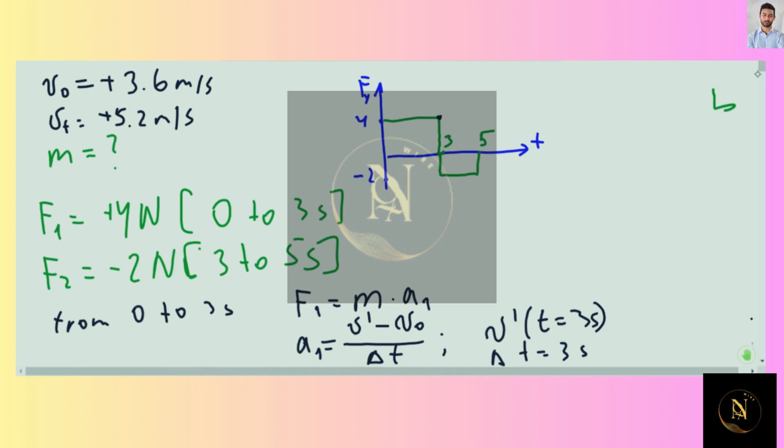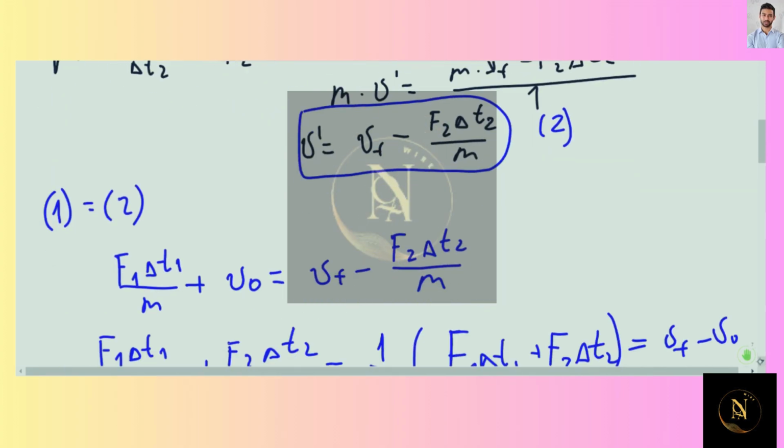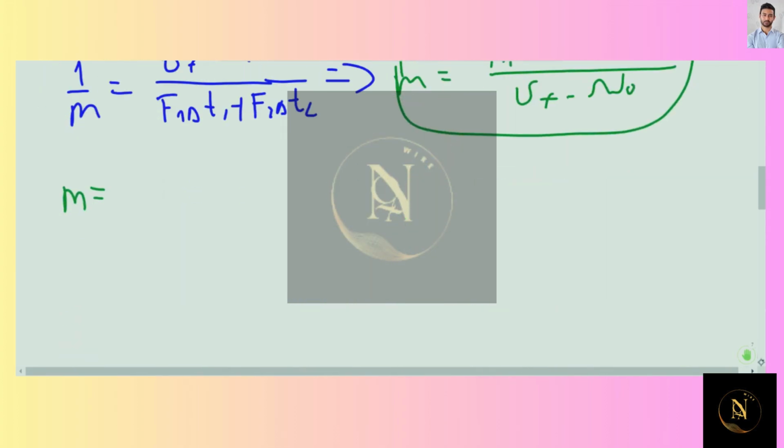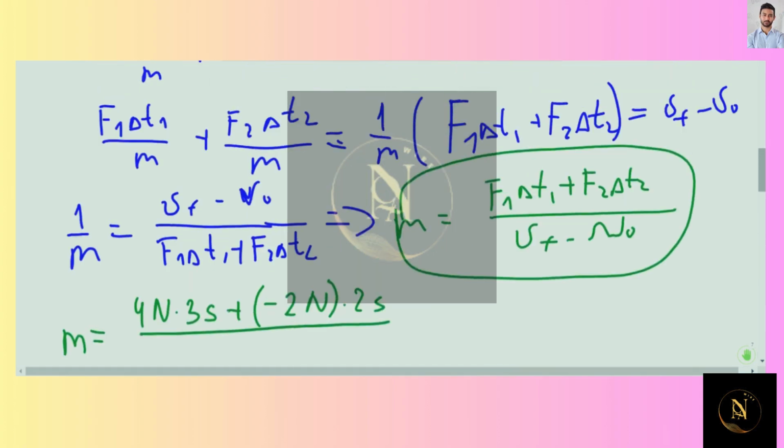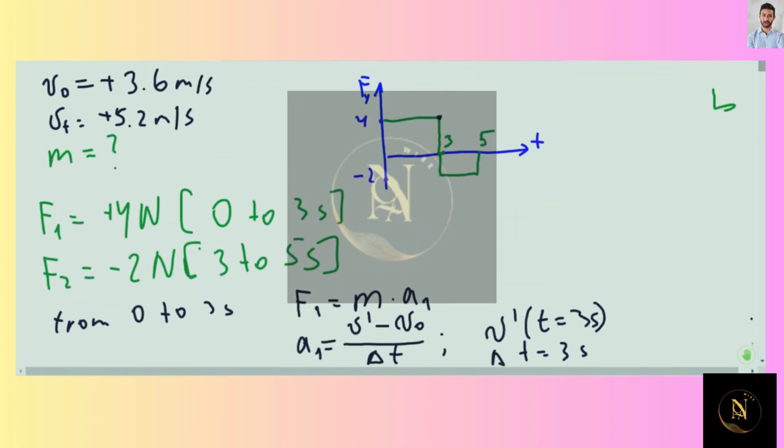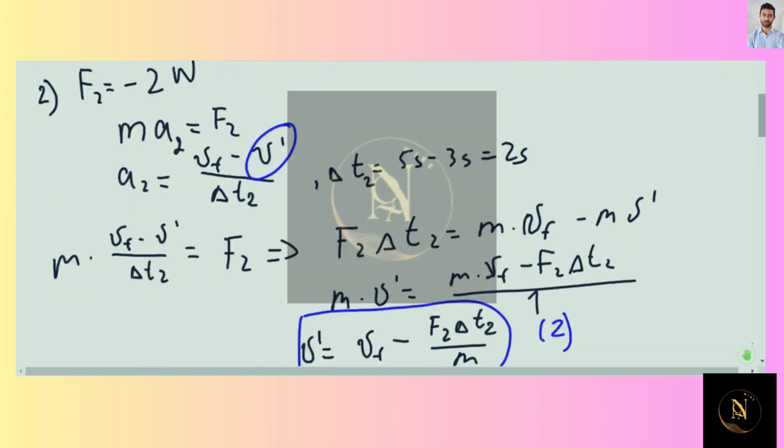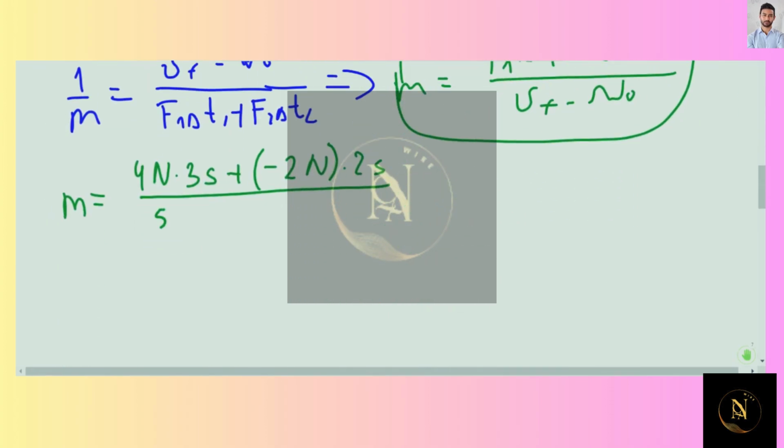So 4 newtons multiplied by 3 seconds plus negative 2 newtons multiplied by 2 seconds, divided by 5.2 meters per second minus 3.6 meters per second.